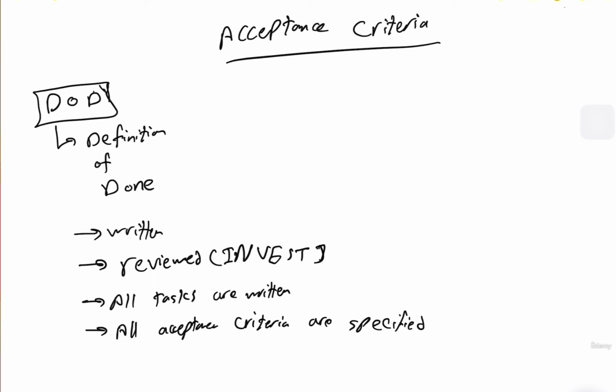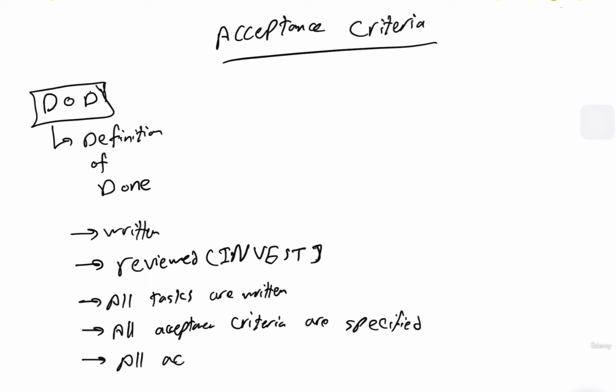So in this case, all acceptance criteria should be implemented and tested. Like we said, the acceptance criteria are some conditions that must be included in the user story.